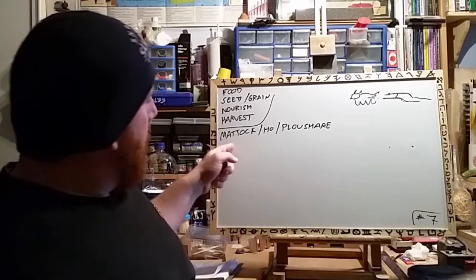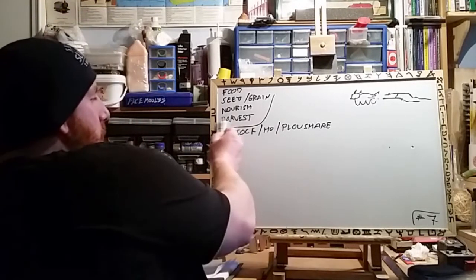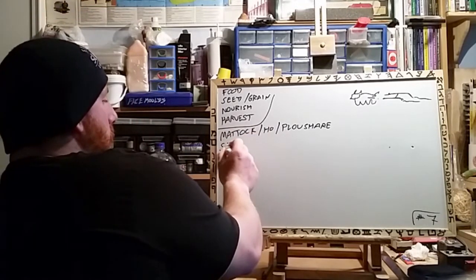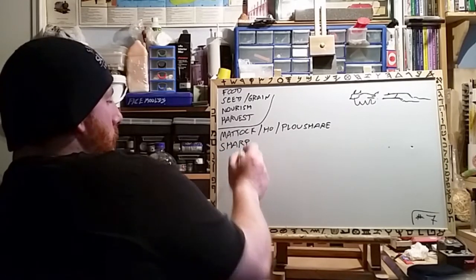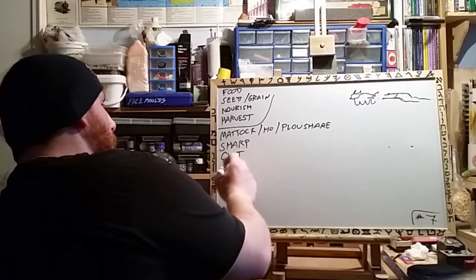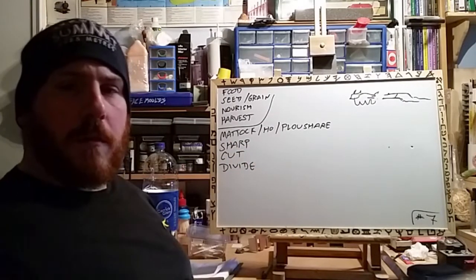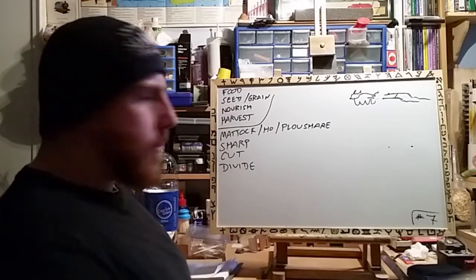From these concrete ideas, you get the idea of it being to do with harvest. You get the idea of it being sharp. It also carries the ideas of cutting and dividing things.